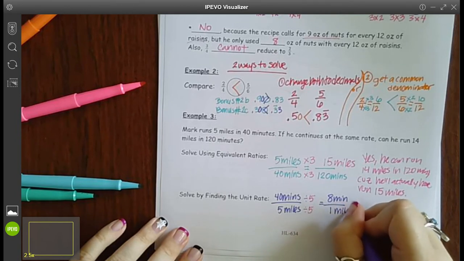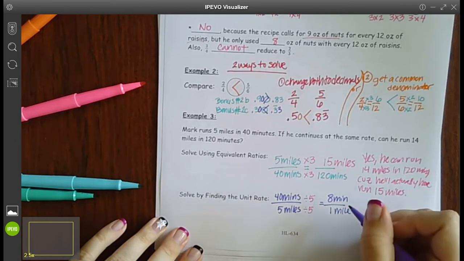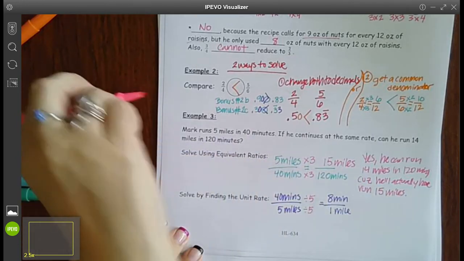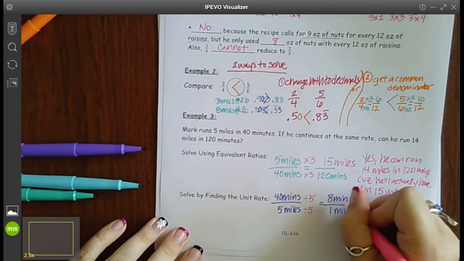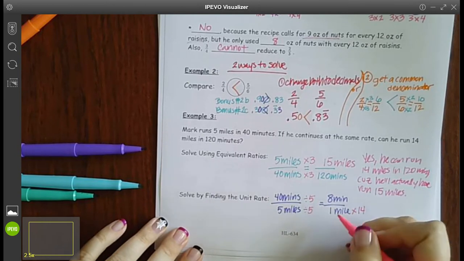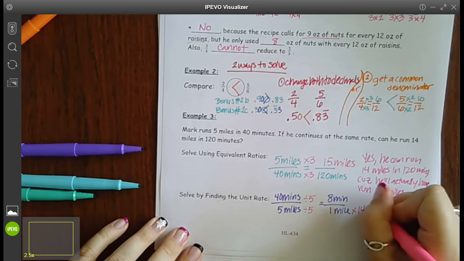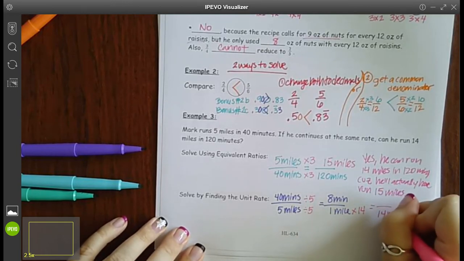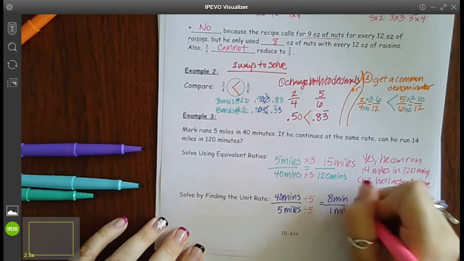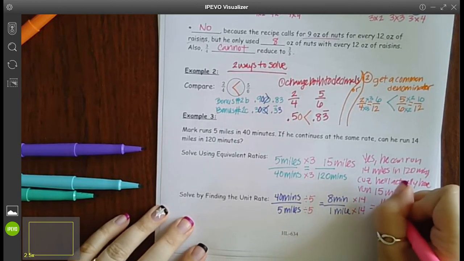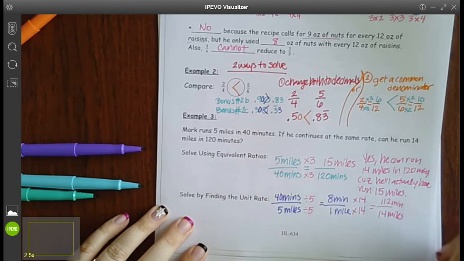So you have 1 mile. Now that you have a unit rate, a denominator of 1, I can multiply that by 14. So this is how long it takes him to go 1 mile. How long does it take him to go 14 miles? So let's multiply this by 14, and I get 14 miles. And how long does that take? Well, 8 times 14 is 112 minutes.